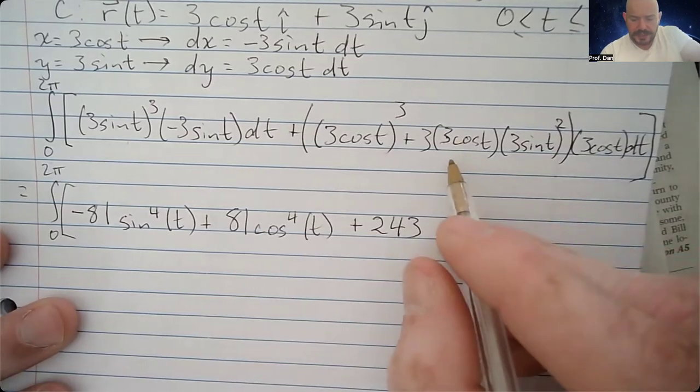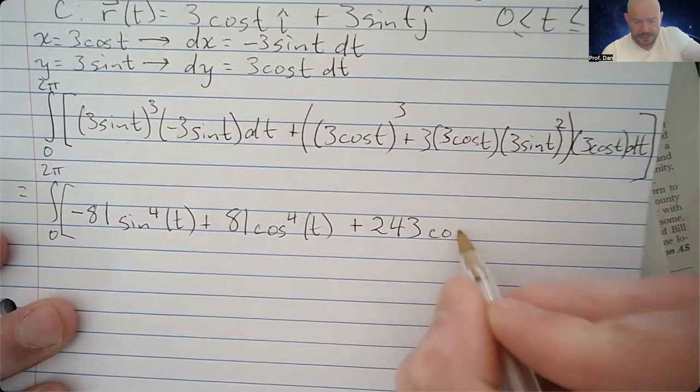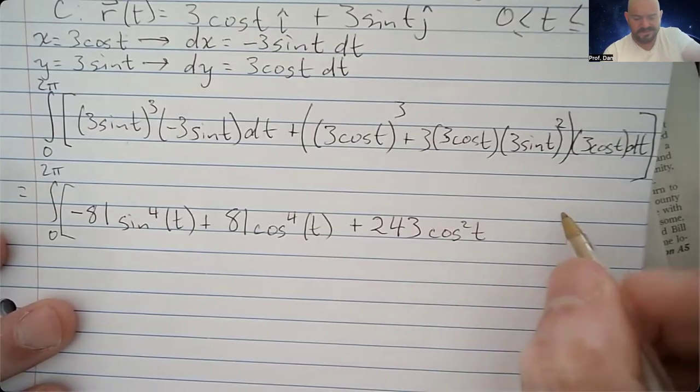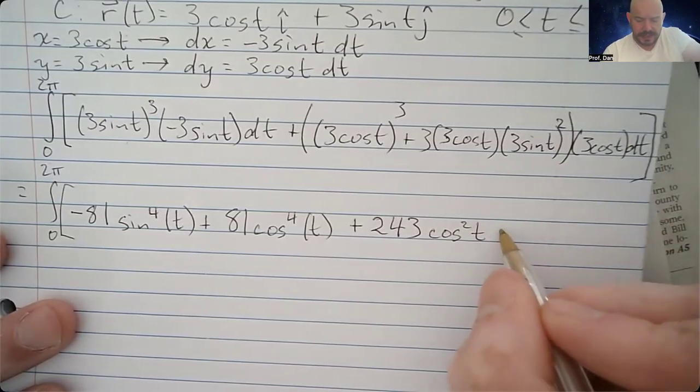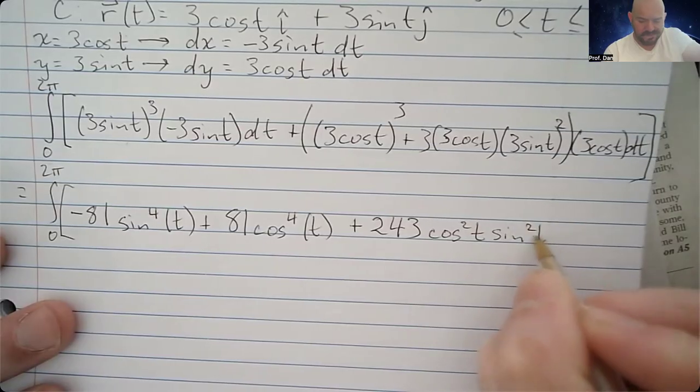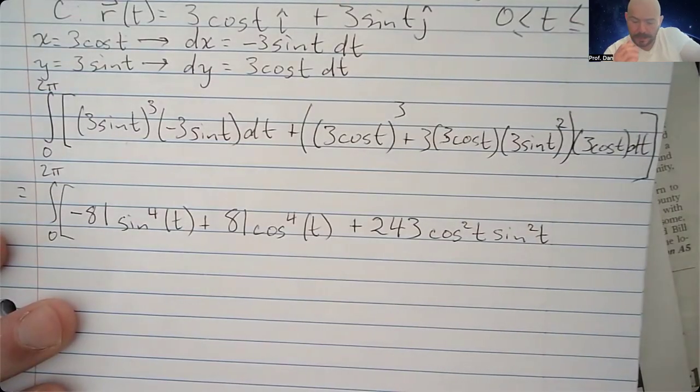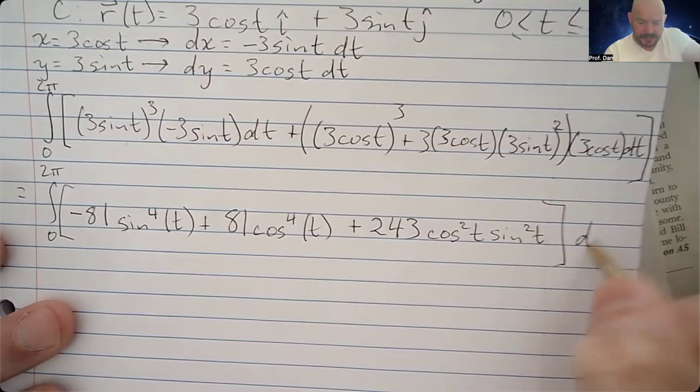And then if I group together my trig functions, I have a cosine squared t, and I have a sine squared t. So all of that dt.